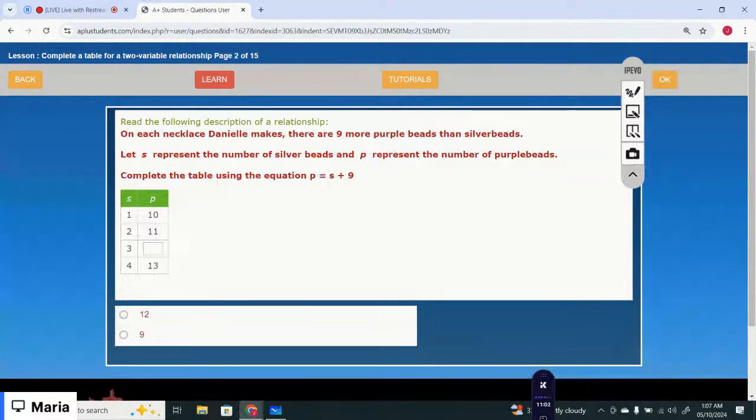Okay, the next one is: on each necklace Daniels makes, there are 9 more purple beads than silver beads. Let S represent the number of silver beads and P represent the number of purple beads. Complete the table using the equation P equals S plus 9.